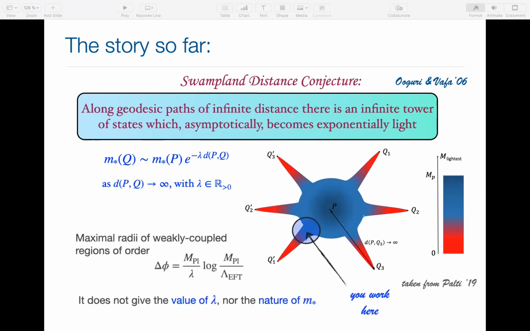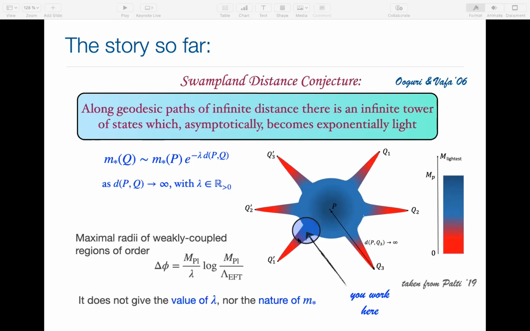So essentially it tells you that when you go along a very large distance, there is going to come some tower of states that are going to spoil your effective field theory as you used to work with it. And in some sense, it gives you a maximal radius of your weakly coupled region, no?